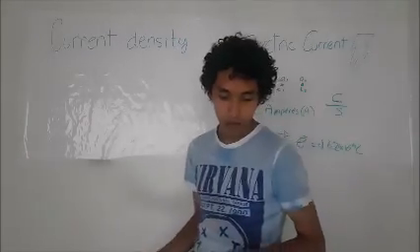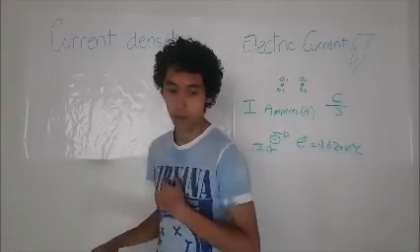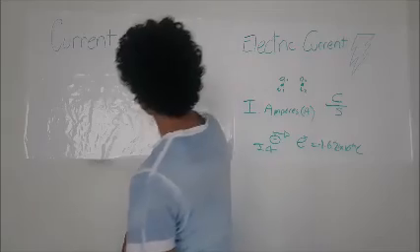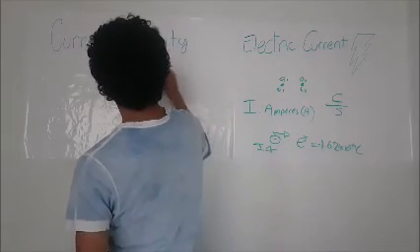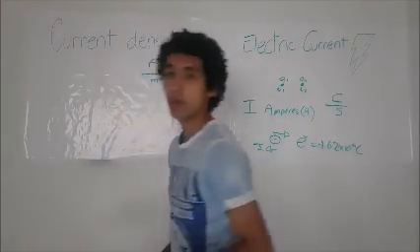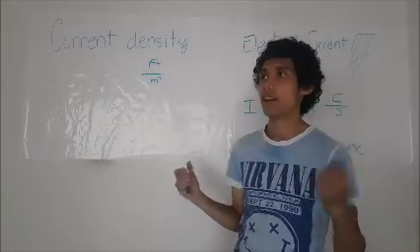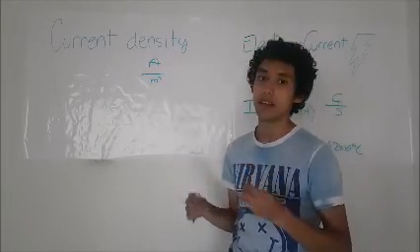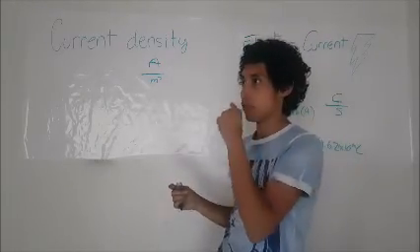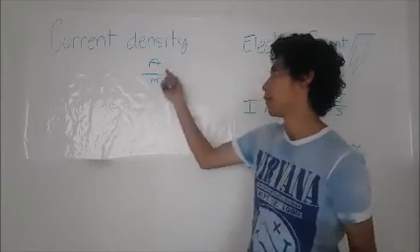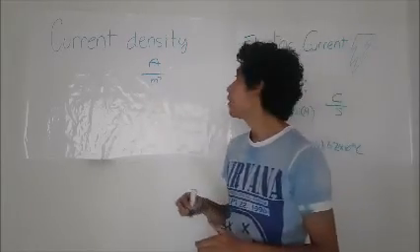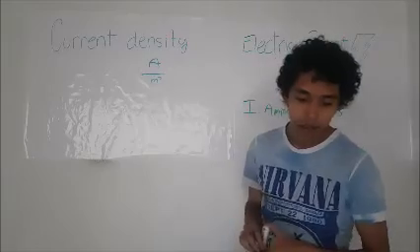Current density is measured in amperes per square meter. And what this really means is the amount of current in a certain area. We can imply it by the units, amperes per square meter.